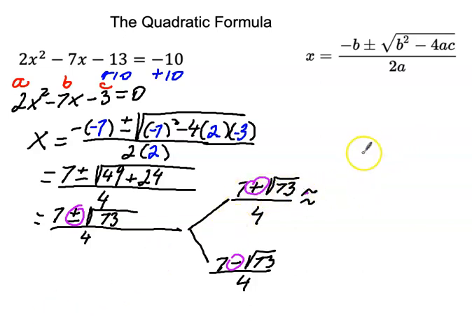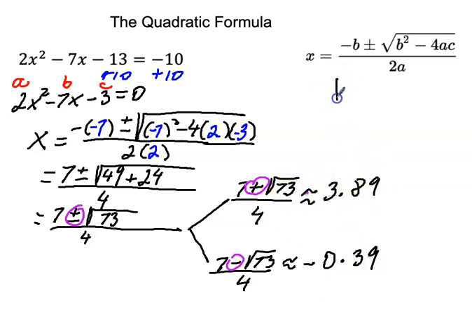For the first one, we would get approximately 3.89 to 2 decimal places. And for the second, we would get 7 minus the square root of 73 divided by 4. We get approximately negative 0.39.